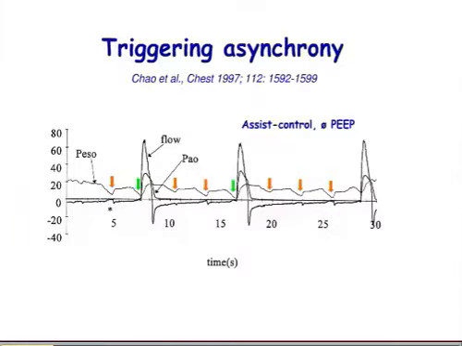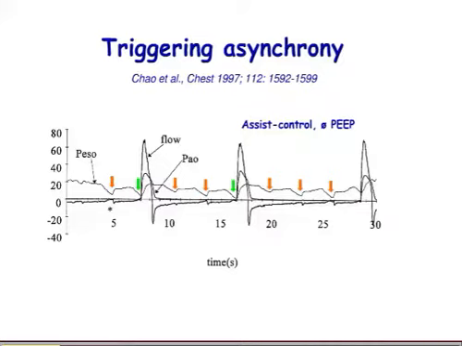However, as shown by Laurent, triggering asynchrony in the presence of intrinsic PEEP is clearly a problem. In this slide here, taken from the study Laurent showed before, you have the esophageal pressure here, the flow is this curve here, and the airway pressure, this one. As you can see, on the esophageal pressure curve, these orange arrows correspond to inspiratory efforts.